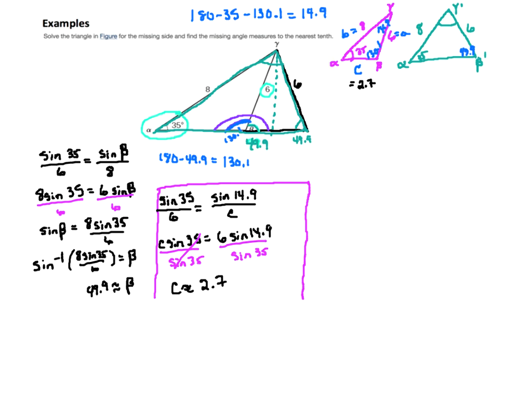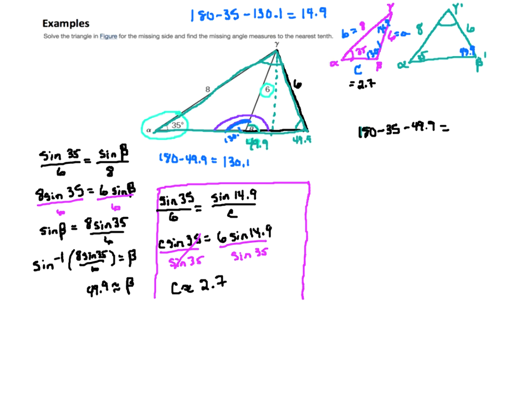So I have 180 minus 35, that's my angle alpha, minus 49.9, and the way I knew that beta prime was 49.9 is because of that isosceles triangle that I built.